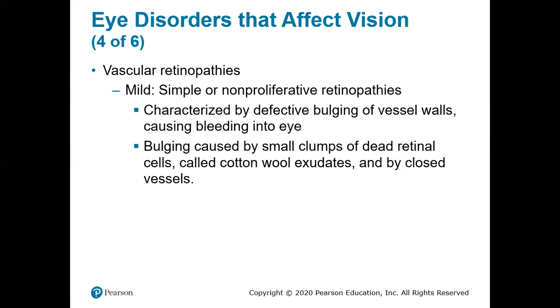Vascular retinopathies, we're back on page 384. Mild would include simple or non-proliferative retinopathies. This is characterized by defective bulging of vessel walls, causing bleeding into the eye. Bulging is caused by small clumps of dead retinal cells called cotton wool exudates, and by closed vessels.